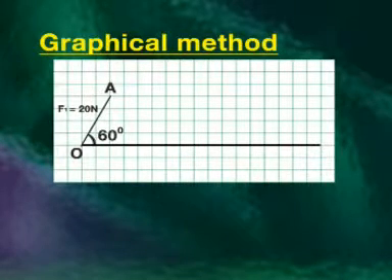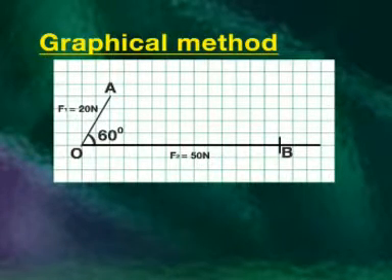This will be like this. Along OE, we obtain B so that OB equals 20 centimeters. Using a ruler or a pair of dividers, we get this.